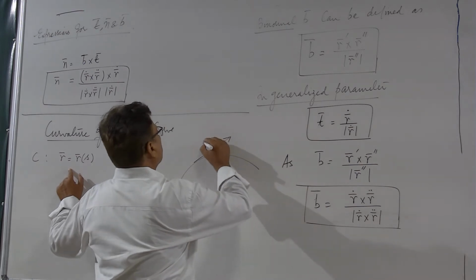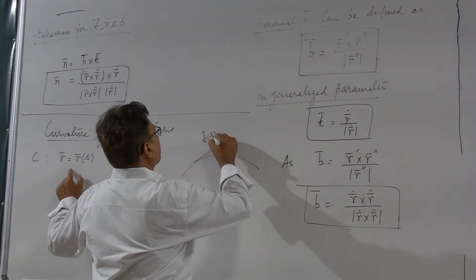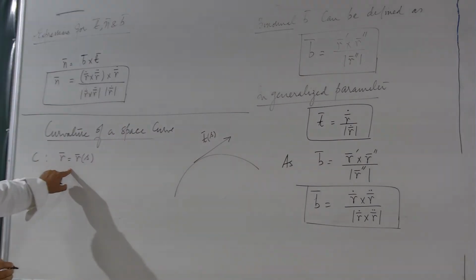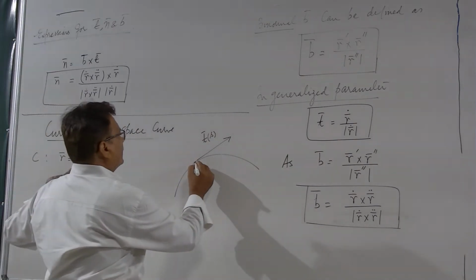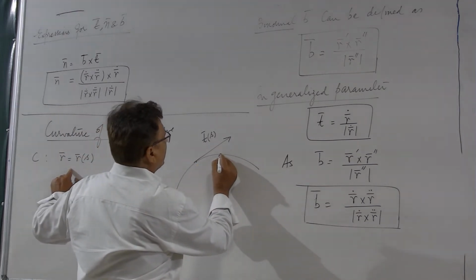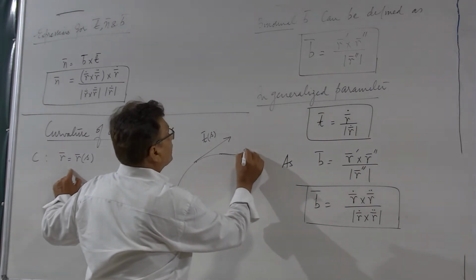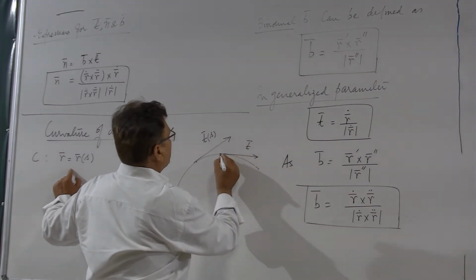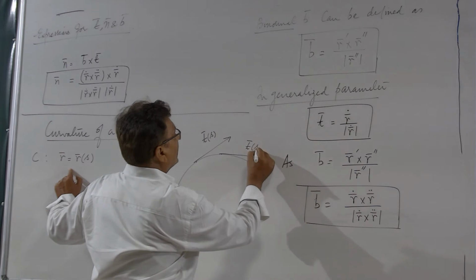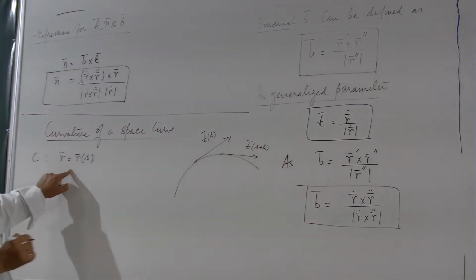This is the unit tangent T corresponding to the parameter s. Then I will draw a tangent at another point, which is also a unit tangent, drawn at a point whose parametric value is s plus h.